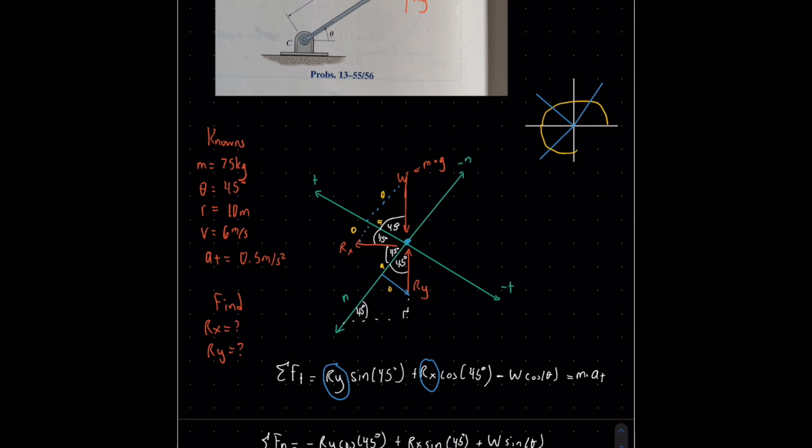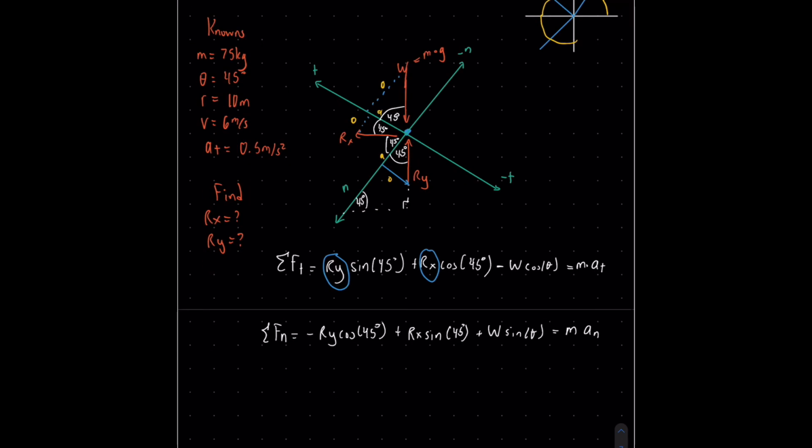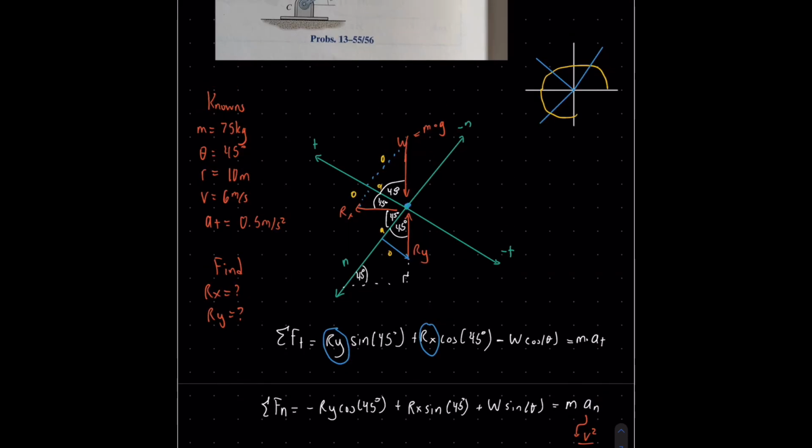And this entire thing is equal to the mass times the acceleration in the normal. And recall that the acceleration in the normal is going to be dependent on the velocity squared divided by the radius. Right there. Okay, now I have two equations and two unknowns, and I could solve.